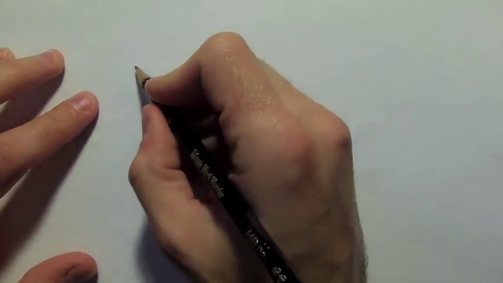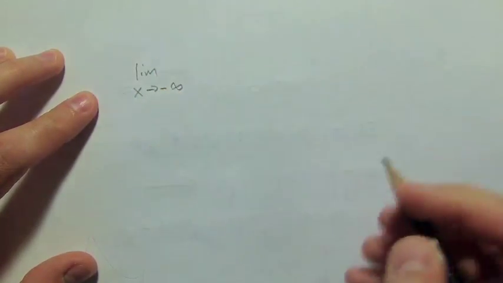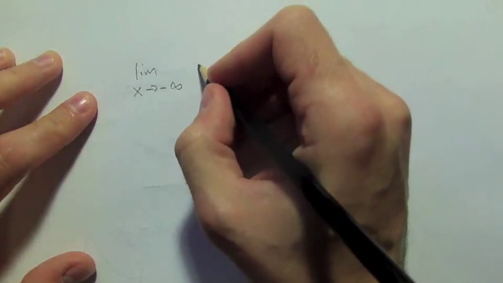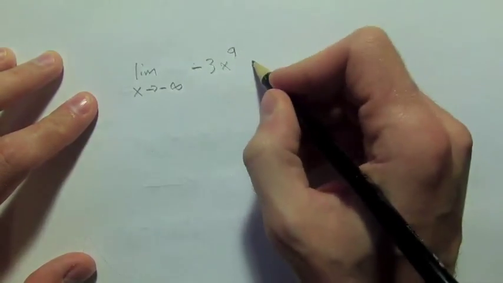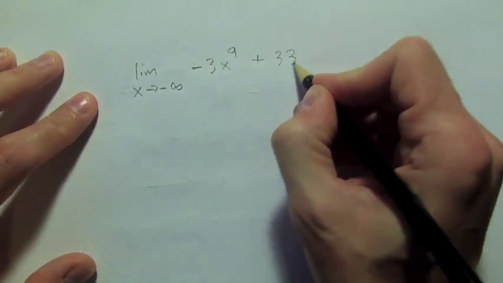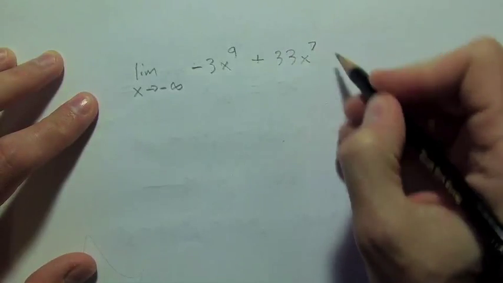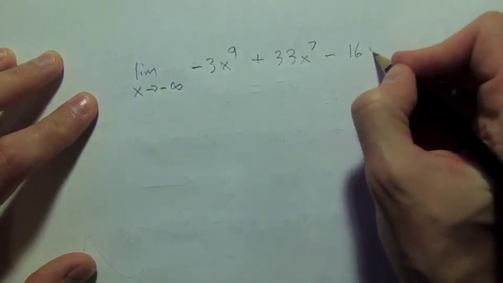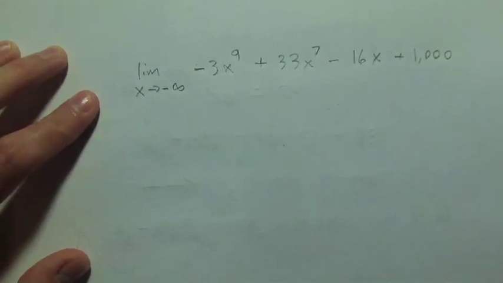So for example, let's say I have the limit as x goes to negative infinity of negative 3x to the 9th plus 33x to the 7th minus 16x plus 1000.